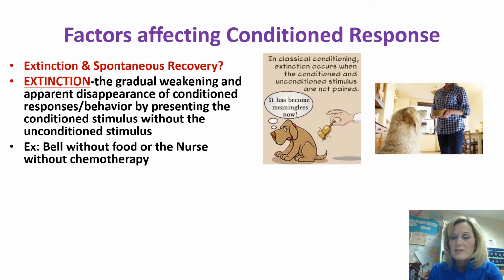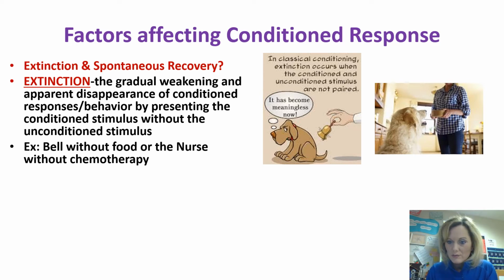So extinction is that if we don't have that pairing after a while, there's a gradual weakening and apparent disappearance of the conditioned response, because you're not presenting the conditioned stimulus and the unconditioned stimulus together. One example of this that we'll see in the higher order conditioning is nurses with chemotherapy. What patients usually go through is they get nauseous with chemotherapy.